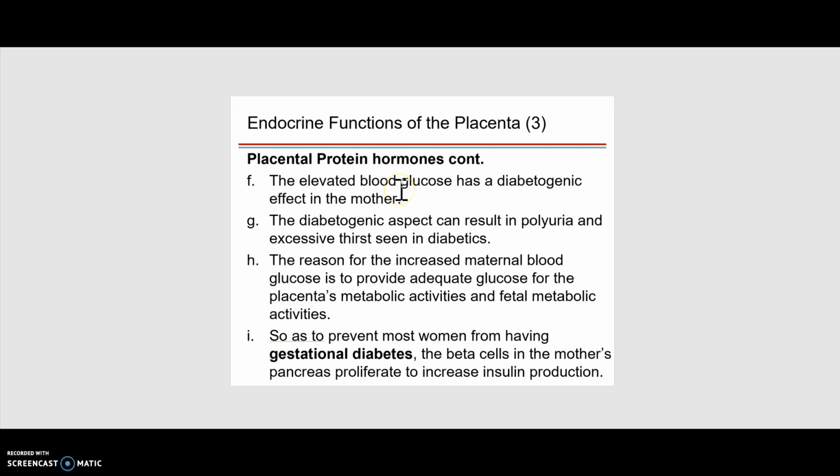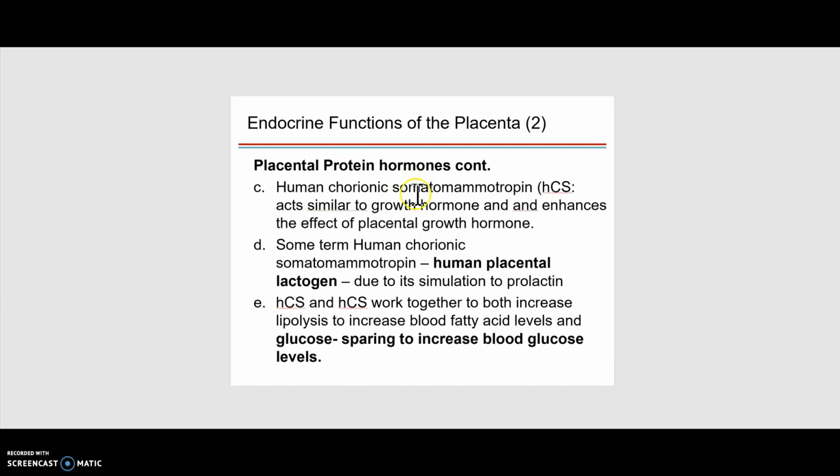The elevated blood glucose. Now, this human placental lactogen here, and human chorionic gonadotrophin, and human chorionic somatotrophin work together, and I should have put here human placental lactogen, HPL.